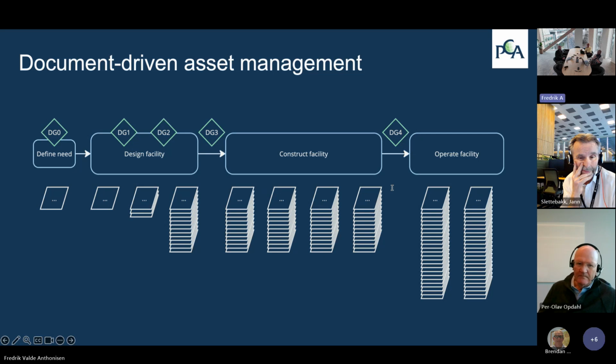What it basically illustrates is the life cycle of an asset today and what happens with respect to the data management related to it. So today, there's a lot of documentation produced, and some of it is recreated when you go into a new phase, and over time it builds up to a large stack of documents, which is very difficult to manage, basically.